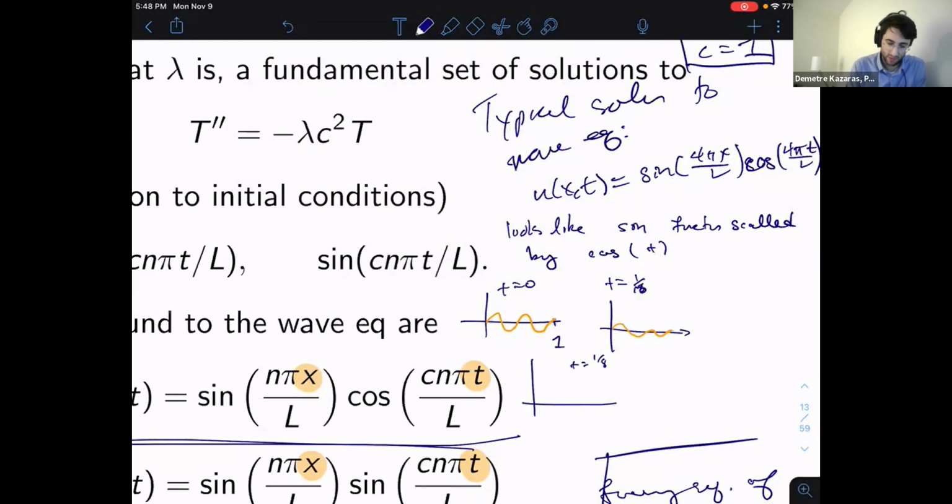I believe at that point, it will just look flat. And then at a later time, I don't want to do all these calculations in my head. So it's like the sine wave has been collapsed, and then I'm going to be multiplying it by negative numbers. So what used to be +1 now goes to -1. So it'll look like this.